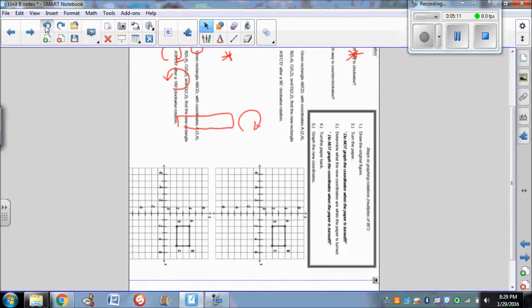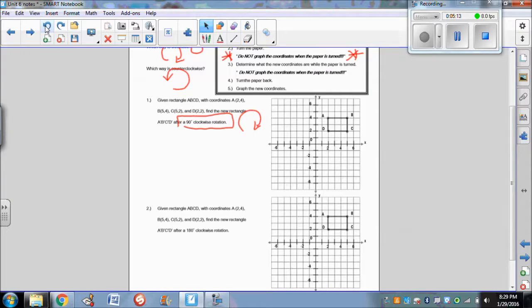Now I'm going to flip my paper back around, and you're going to turn it right side up, just like I did. And now let's put those coordinates on our paper. So A prime is 4, -2. We're just transferring these from our scrap paper.